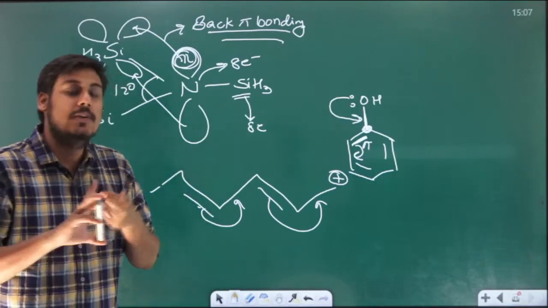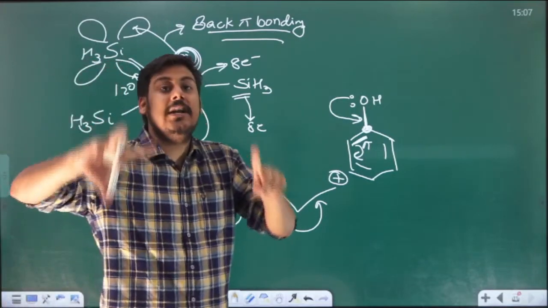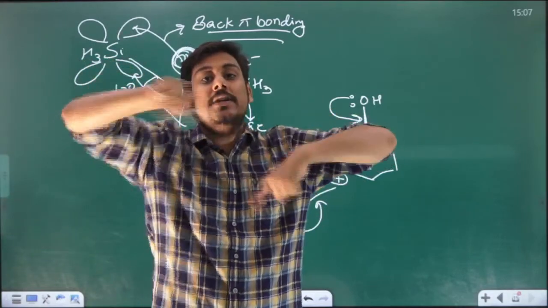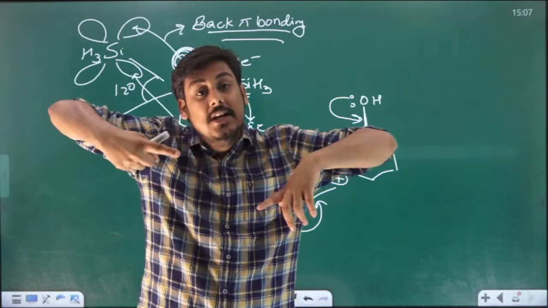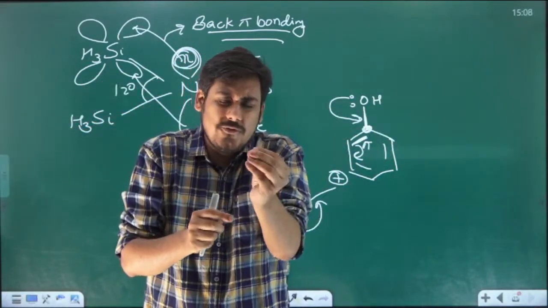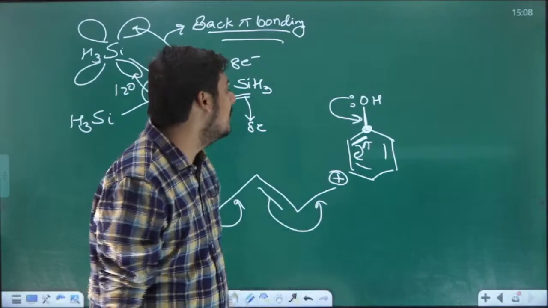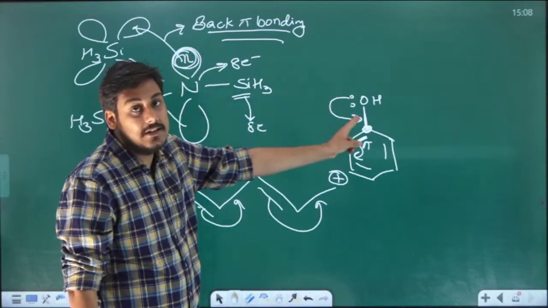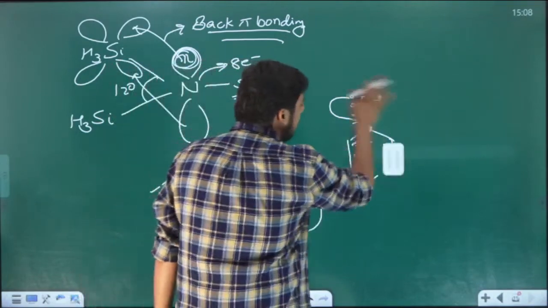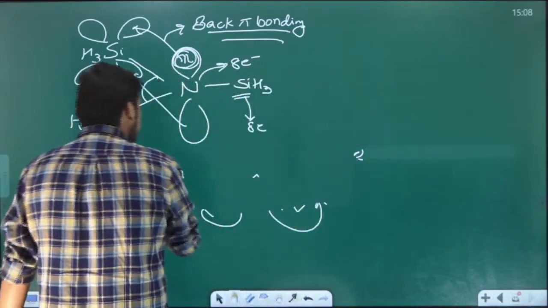Do remember this. What VBT says is that sigma bonded electron density is fixed between two nuclei. It cannot be moved. Pi electron density can be moved, and if it moves, that means there is some fraction of time where the octet is incomplete, and that fraction of time is enough for oxygen to donate the electron density back to carbon. That is the reason for back pi bonding to take place there, right?